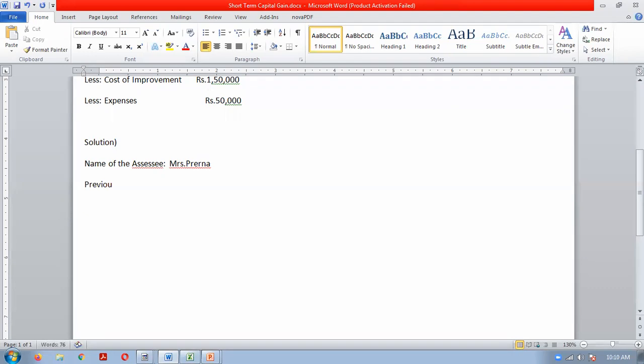Previous year 2019-20. So assessment year will be, if previous year is 2019-20, assessment year will be 2020-21. Correct.